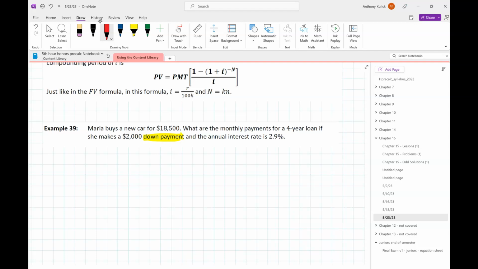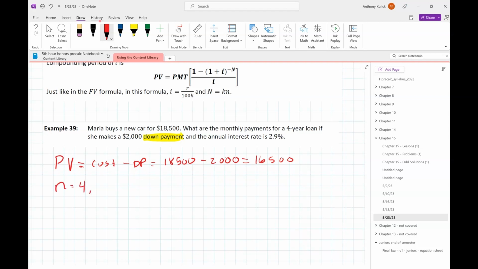I'm borrowing it, right? And I'll pay it back later. So what was my present value? It's the cost minus the down payment, because that's what I'm actually having to borrow. Everybody's okay there? Okay.